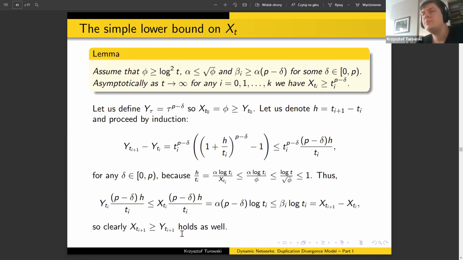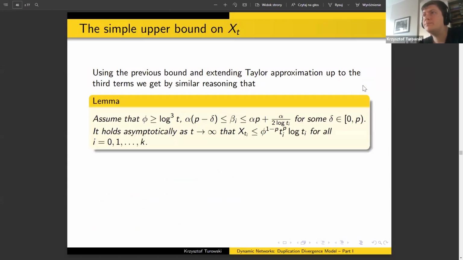So of course the proof holds. From now we know that x is growing sufficiently fast, almost, with this small factor of delta, which we would like to get rid of.